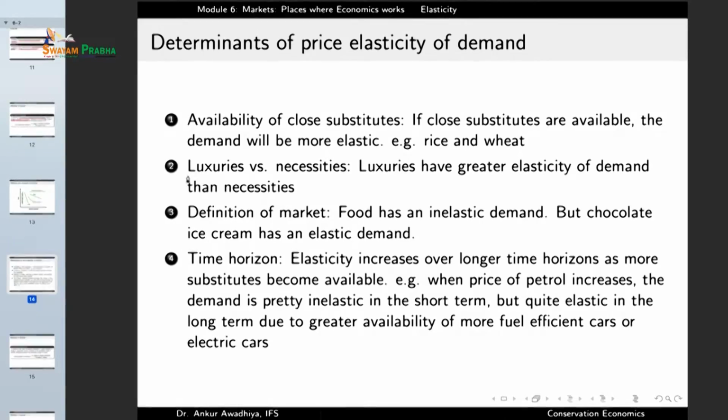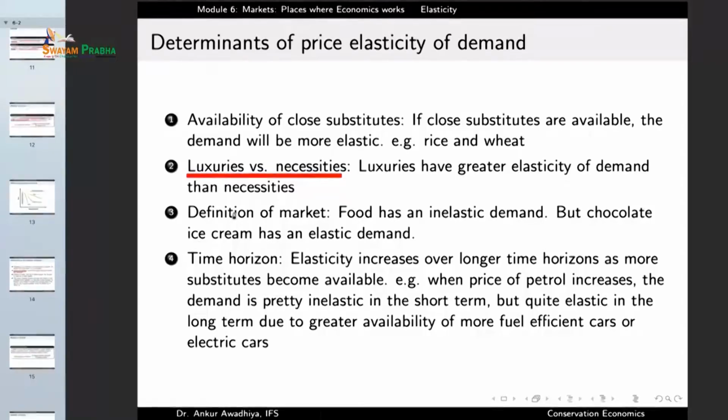Another determinant is whether the item is a luxury or a necessity. Luxuries have a greater elasticity of demand than necessities because, in the case of necessities, you have to have that item because it is necessary for your survival. Food will have a pretty inelastic demand curve because even if the price increases, people need access to a sufficient quantity of food.